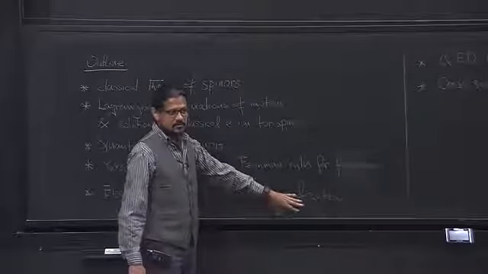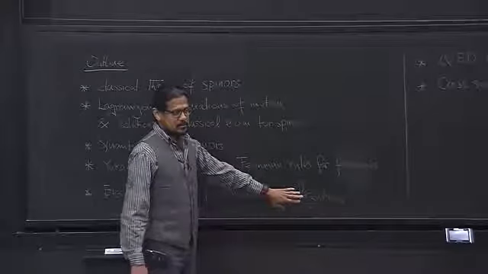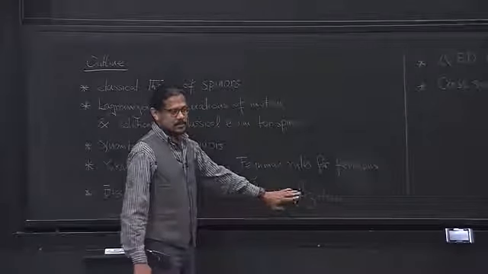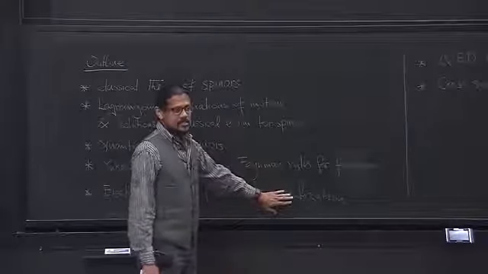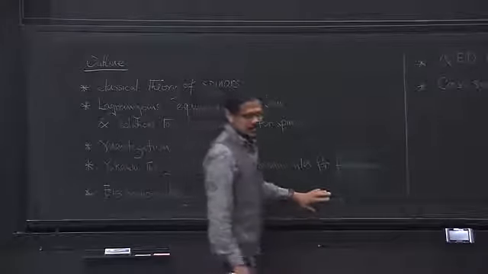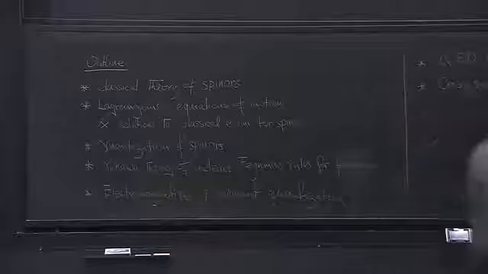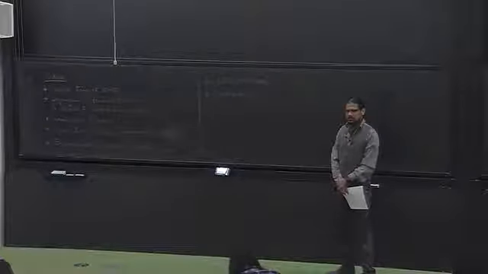There are many different ways of quantizing electromagnetism because of a certain, quote-unquote, symmetry it has, called gauge symmetry. But the quantization procedure that we will choose is the covariant quantization. And from that, we will move on to QED, which you all know is the theory of electrons and positrons interacting with each other via exchange of photons.